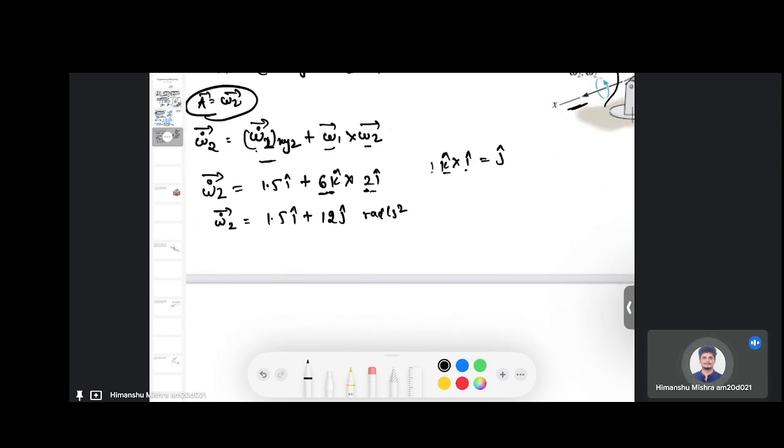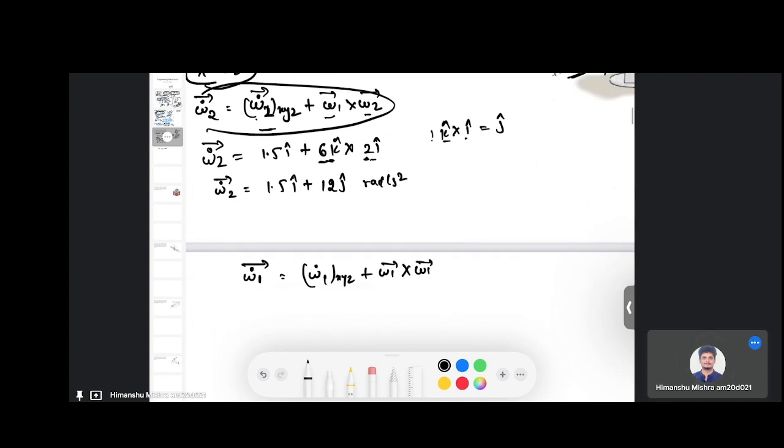Now I can calculate the component of angular acceleration along z, so it will be omega dot 1, and I can use the same formula. So I can write omega dot 1 in the xyz plus omega 1 cross omega 1. So what is omega dot 1 here?